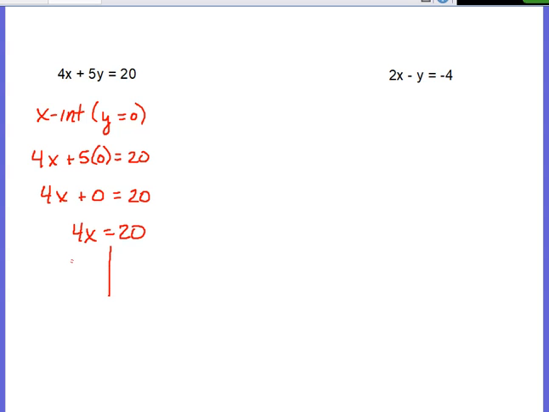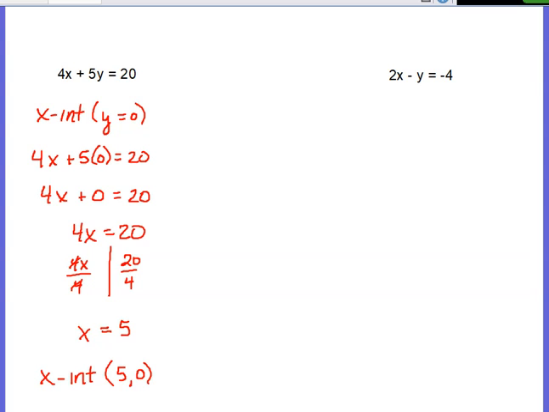So we just have to divide both sides by 4. And once we do that, 4 over 4 is 1. So x is equal to 5. So my x-intercept is at (5, 0).